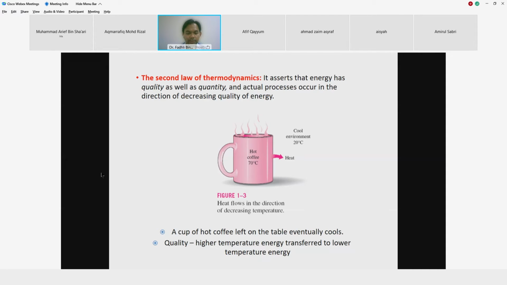Okay. So a cup of hot coffee left on the table eventually cools. This commonly happens in nature. Quality, as I said just now, means high temperature energy transferred to lower temperature energy.